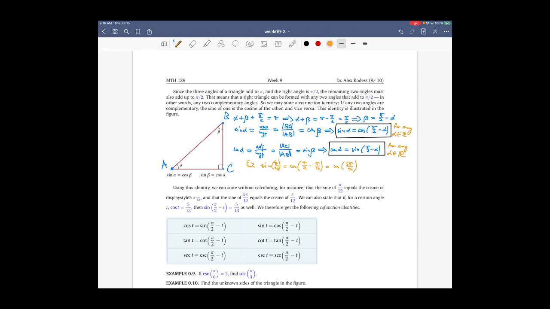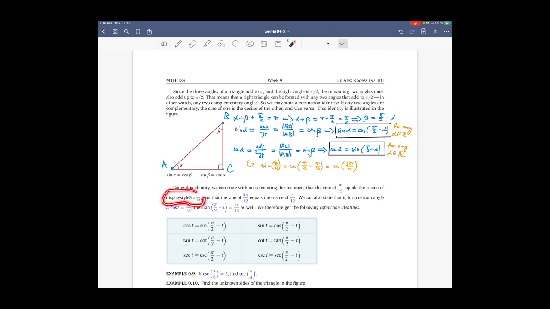So without doing any algebra, we know straight away that sine of pi over 12 and cosine of 5 pi over 12 are the same number, simply because they add up to pi over 2.